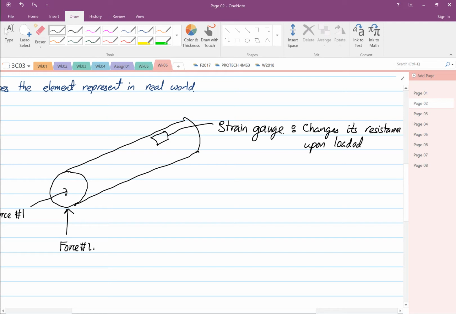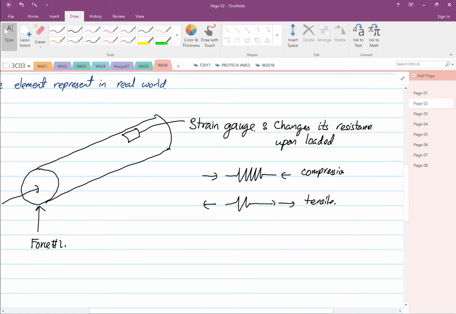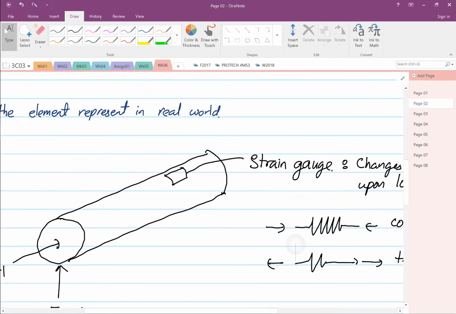Okay, so it's just basically a resistor, it's a schematic is resistant, so you can compress it, or a resistor that you can put it under tensile loading. Okay, so the resistance will change. So if I zoom in, so you put the resistors at one end and you put it at the other end.